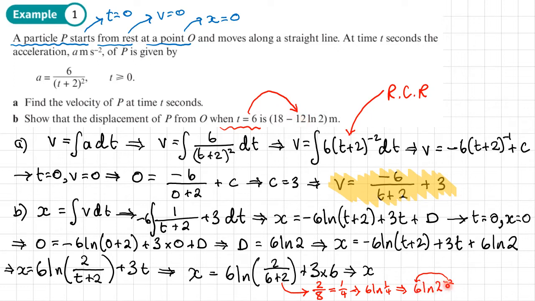But I'm short of space down here, so I'm just showing you that we can get to 6 log 2 to the power minus 2, and from there that will become minus 12 log 2, and you can see that's the other part of what they got here. So I'm just going to basically state what x is. I've done the working at the bottom, and we get 18 minus 12 log 2, so we get the result that they want as required.